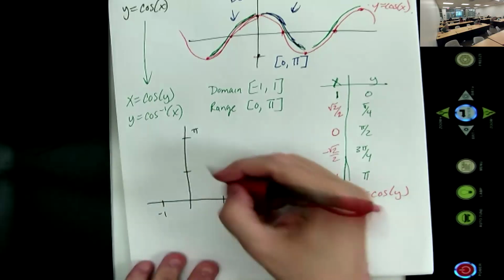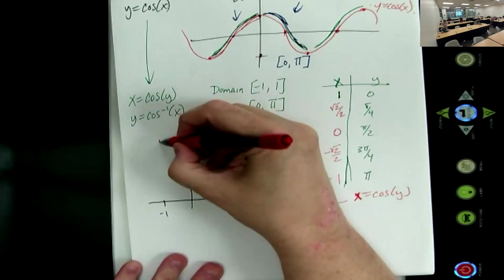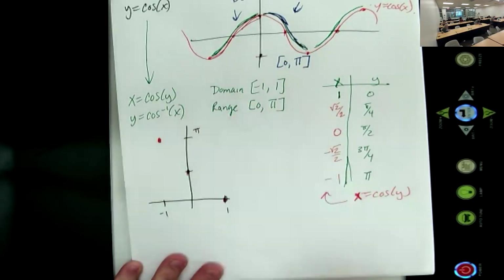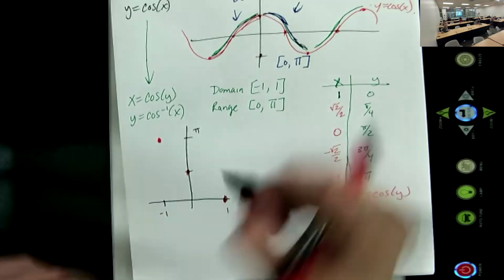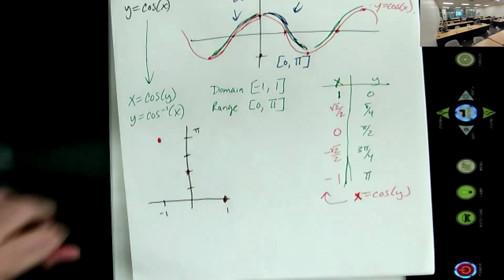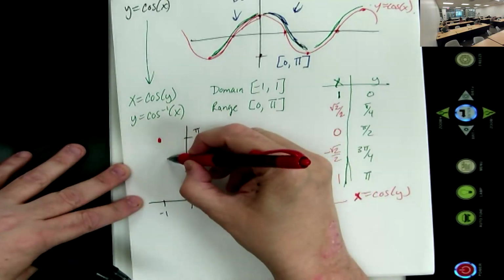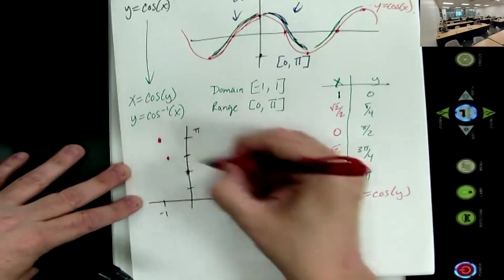So we have 1, 0 and -1, pi. And the halfway marks are like 0.7 on x, so looking like that.